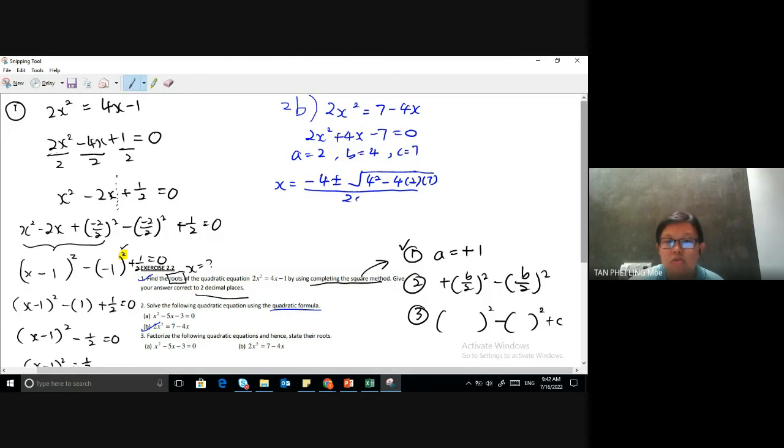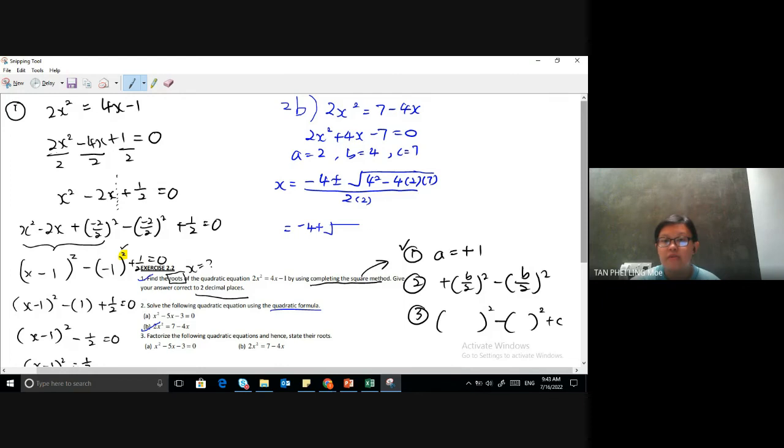You have to repeatedly memorize this. When you go to the toilet, when you're bathing, just recite minus b plus minus square root of b squared minus 4ac over 2a. But again, I told you already, your b squared minus 4ac is your discriminant, remember? So minus 4 here, plus square root.